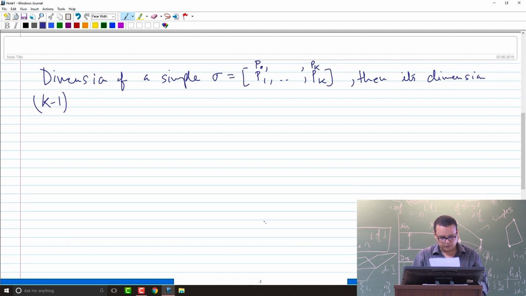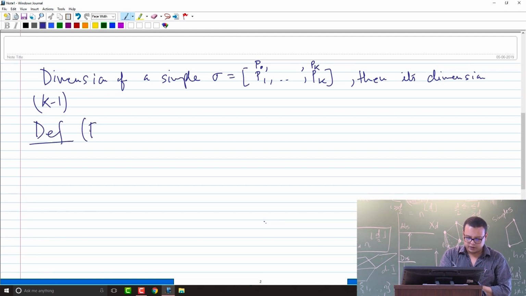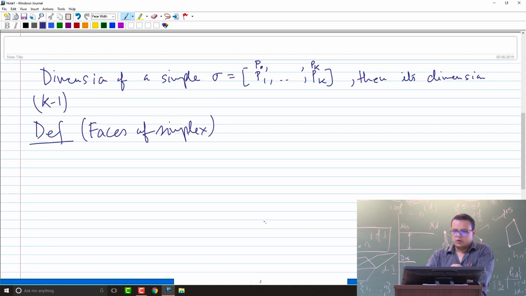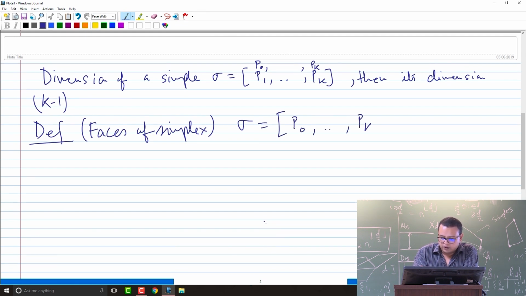Good. So, what are the faces of a simplex? We will come to this term faces again and again. Again, let us say you have a simplex p naught to pk. Let I be an index set, which is a subset of 0 to k.